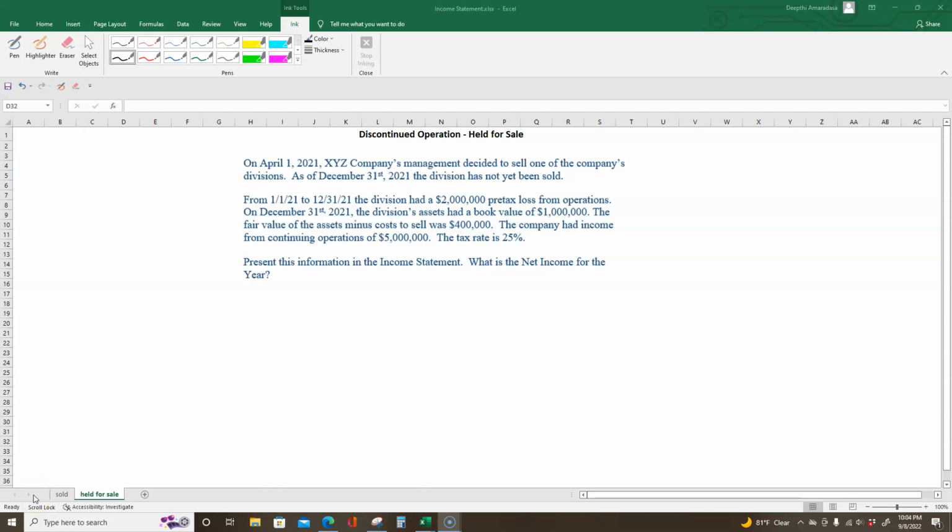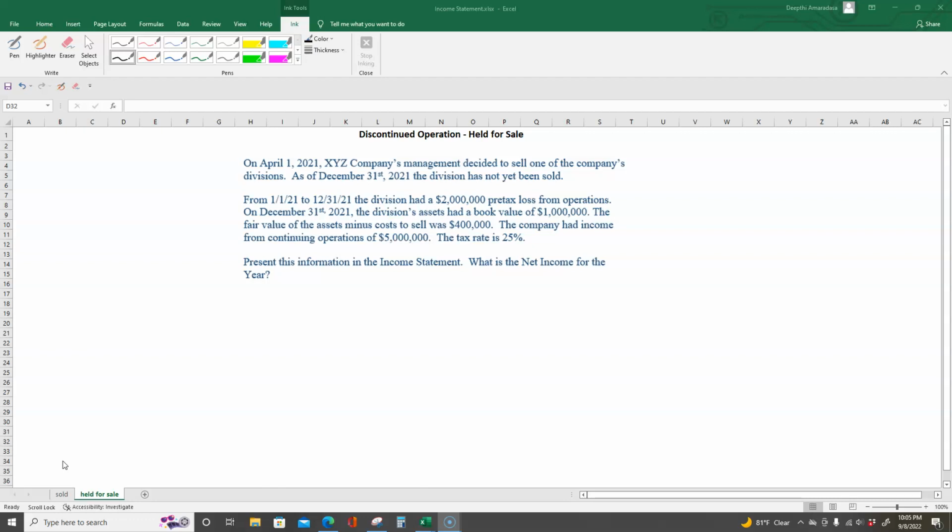It says, on April 1st, 2021, XYZ Company's management decided to sell one of the company's divisions. As of December 31st, 2021, the division has not yet been sold. From January 1st, 2021 to December 31st, 2021, the division had $2 million of pre-tax loss from operations.